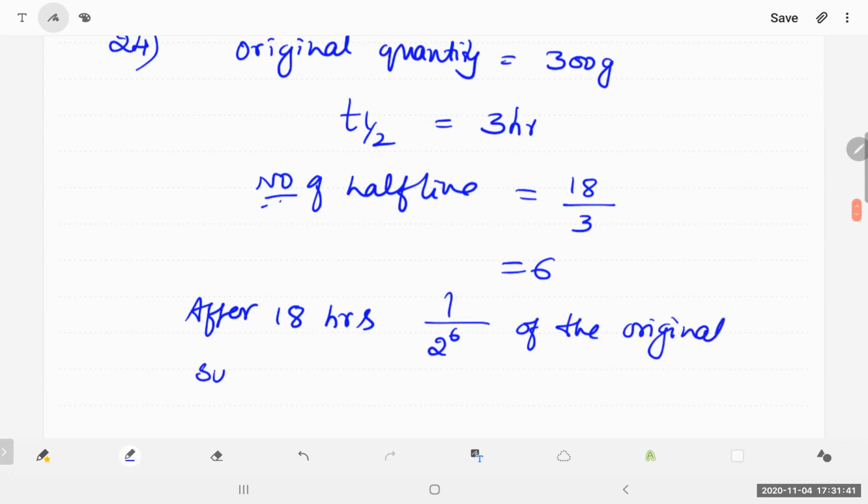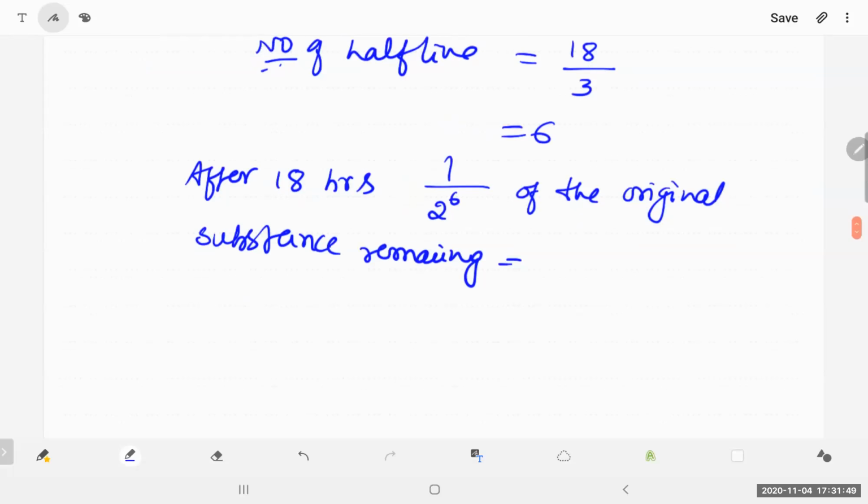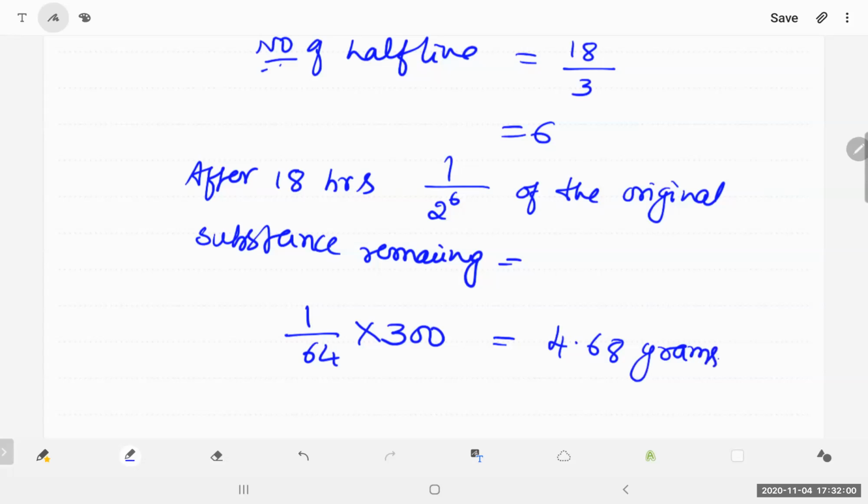Remaining is 1 by 64 into 300, that is 4.68 grams. Got it?